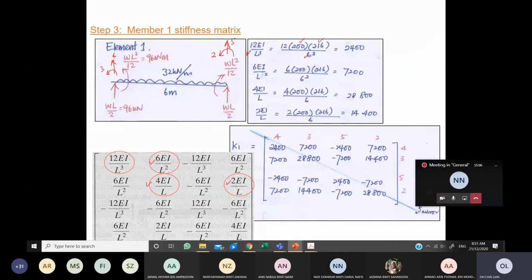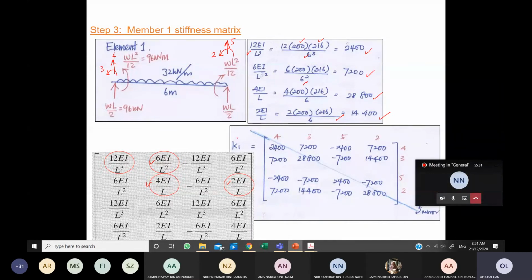You can do it similarly for your Q naught as well. There is no problem. So now you have got all this input: 6 EI over L squared, 4 EI over L, 2 EI over L. Once you have solved for this, you just put it into your template.